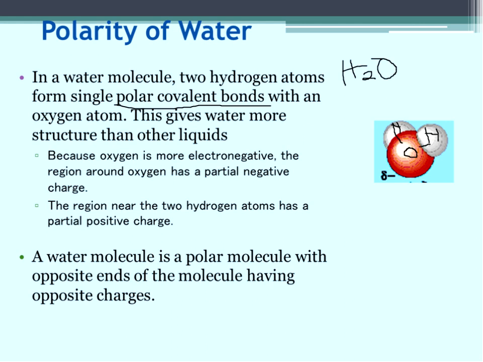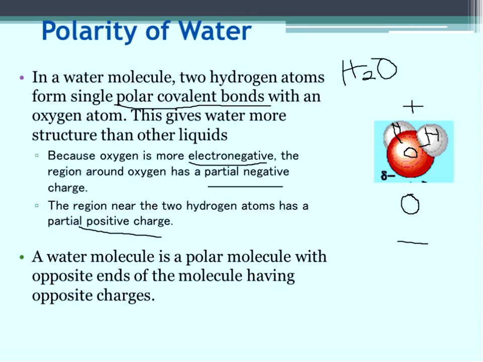This gives water more structure than other liquids. Because oxygen is electronegative, the region around oxygen is negative. Hydrogen is partially positive. So this area of water is positive, and this area of water near the O is negative. So that's what you need to know.